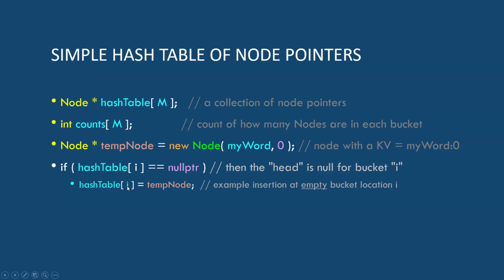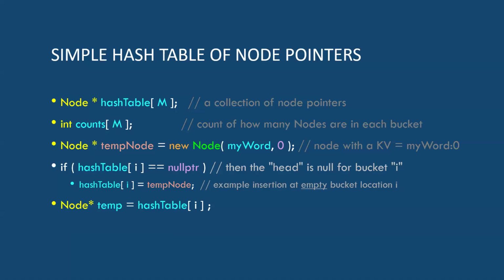So now hashTable[i] is the head of the linked list, okay? So if you were to delete that node later on, you have to set that hashTable[i] position back to null. And this is where a lot of crash bugs will happen in homework 5, okay? So remember, you've got to take care of the head pointer as the i position in there, okay?